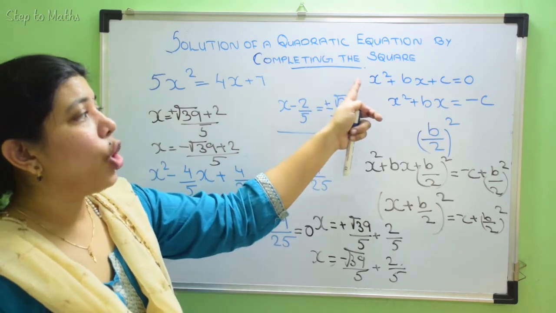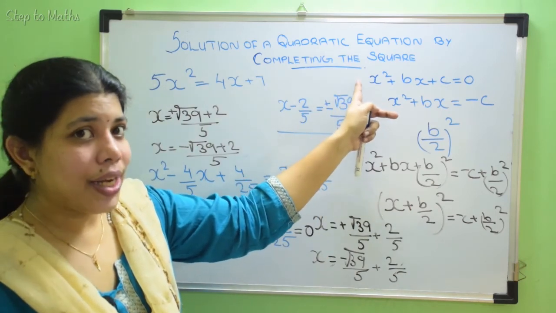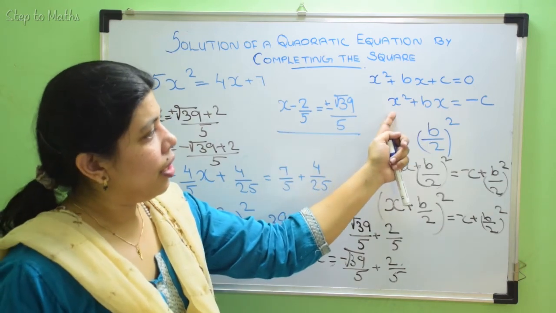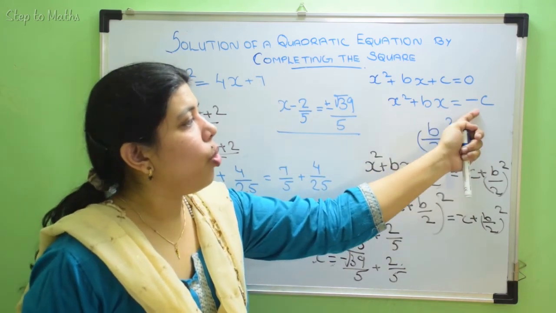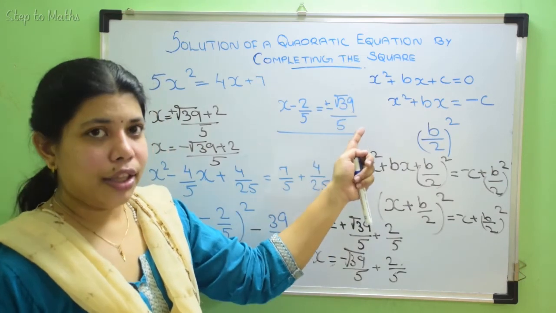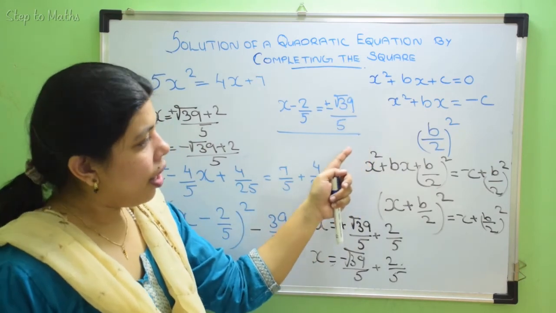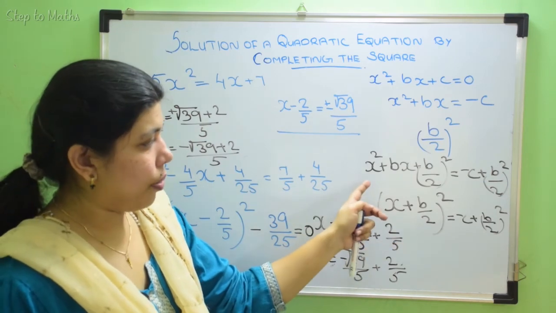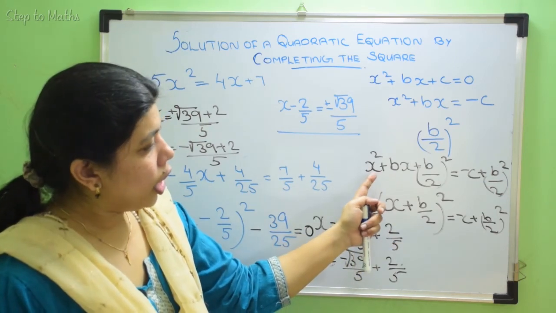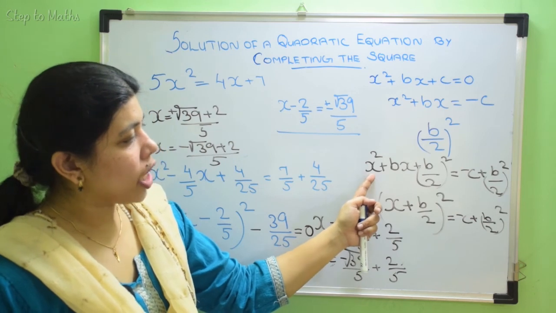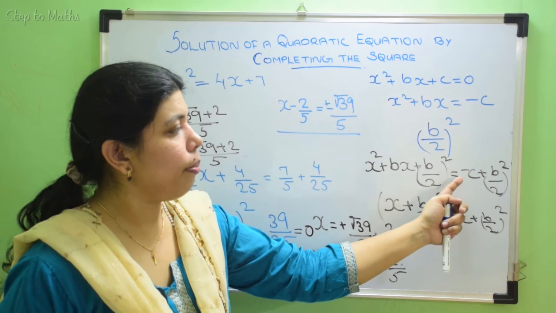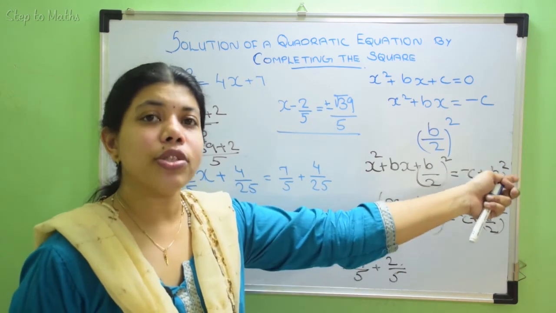If the coefficient of x square is not equal to 1, then divide both sides by the coefficient of x square and continue to the next step. Now the equation becomes the form x square plus bx plus b by 2 square is equal to minus c plus b by 2 square.